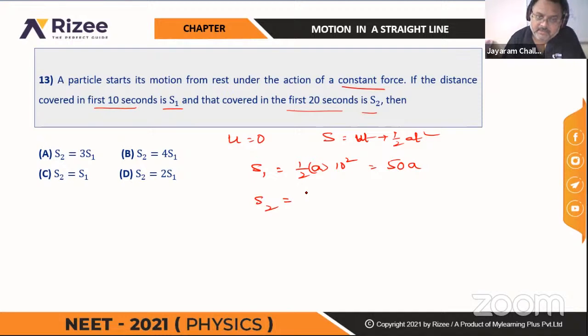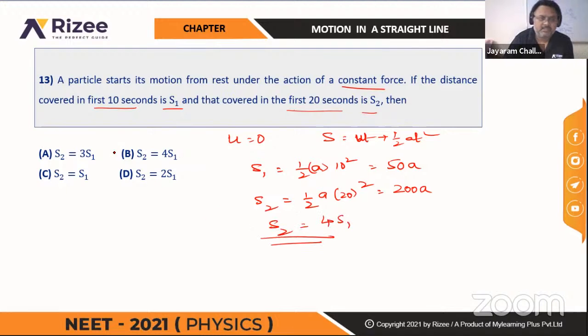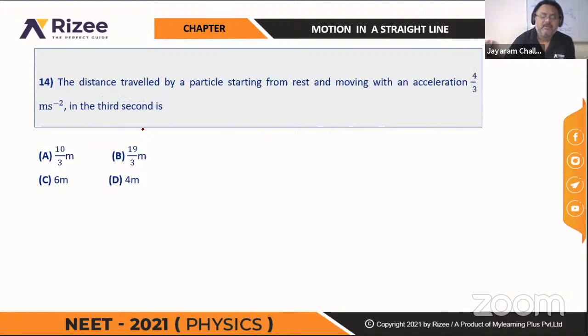S2 also I'm taking from the start, so time is 20 square, that will be 400 by 2, that is 200 a. So what is the relationship between S1 and S2? S2 can be written as 4 times S1. So this is the relationship between them. Next one, the distance traveled.